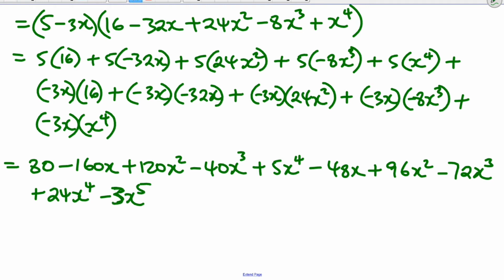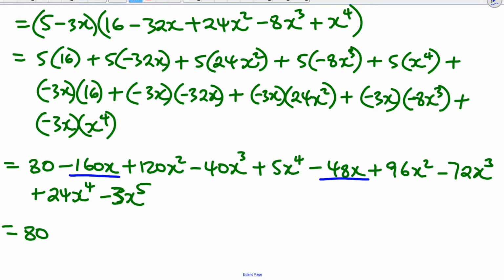Okay, so we now need to simplify by grouping like terms. If you group like terms, what you're going to end up with is 80. Now we have like terms here, negative 160x and negative 48x.